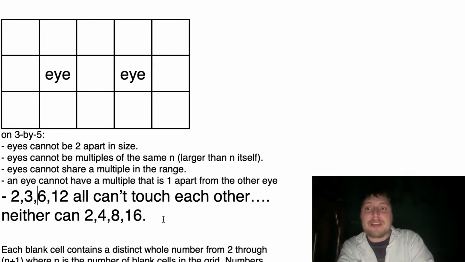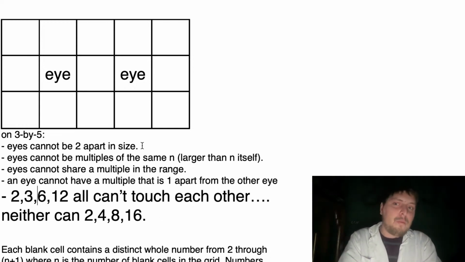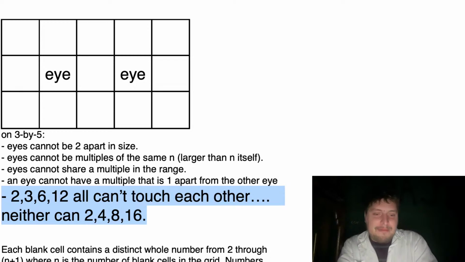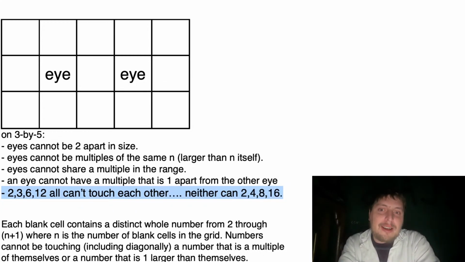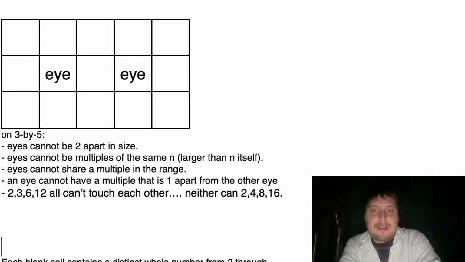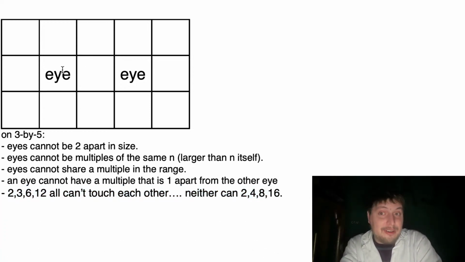Now, let's actually add one more clue. We're looking at these eyes. What are things the eyes can't be? So, there are a lot of things we could note that for these eyes could cause a problem. And here's one reason. Well, there's two reasons. One reason is, to be an eye, you need to have 8 neighbors.